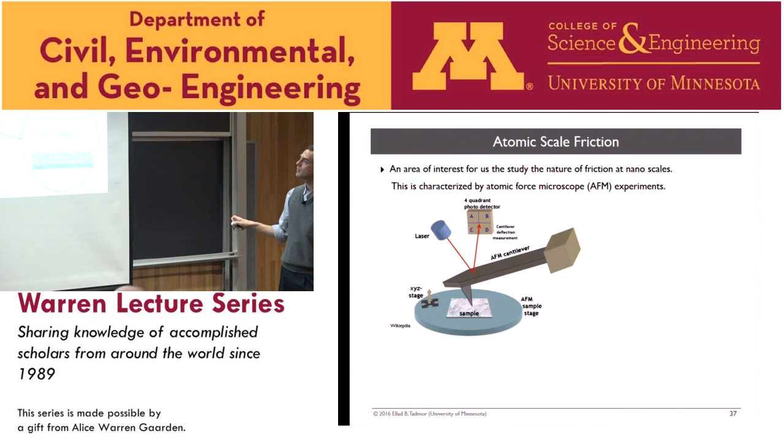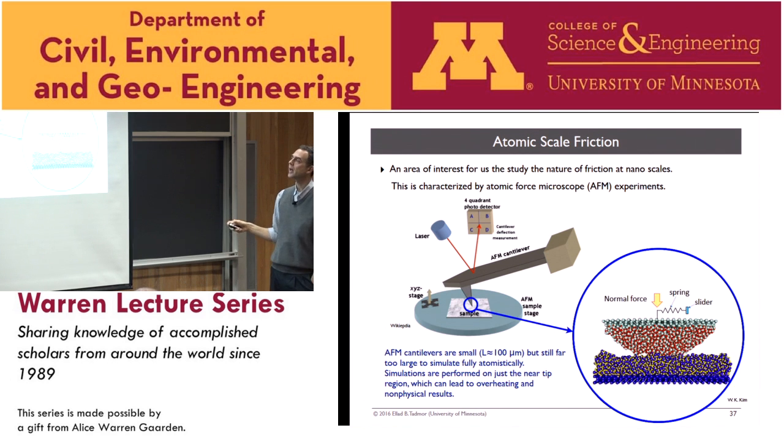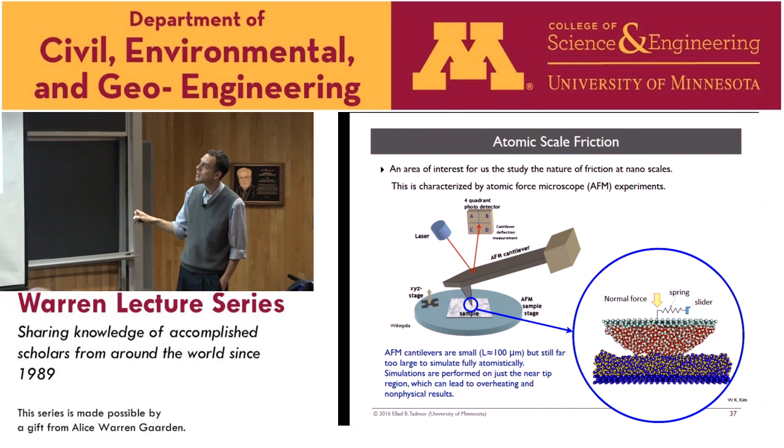Now, people have done molecular dynamics simulations of this, but because of what I showed you on the previous slide, they're limited to small sizes. They can't really model the whole apparatus. These things aren't huge, but they're about 100 microns. Remember, where are we with the state of the art? The state of the art is 2,500 nanometers. So that's a quarter of a micron.